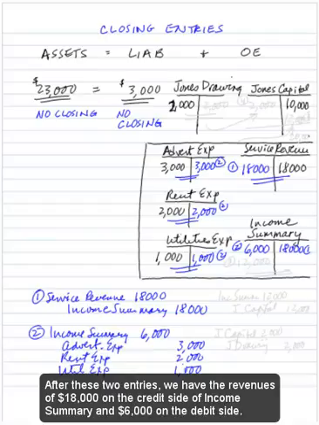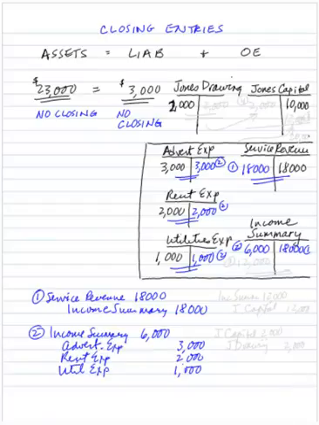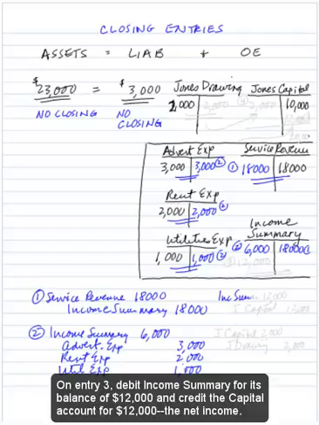The net income then gets closed to the capital, by a debit to income summary for $12,000, that's your net income, and credit the capital account, Jones Capital, for $12,000. That's going to move $12,000 out of income summary. This is entry 3.